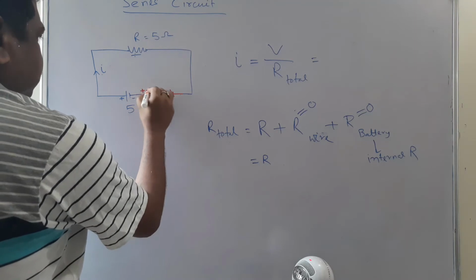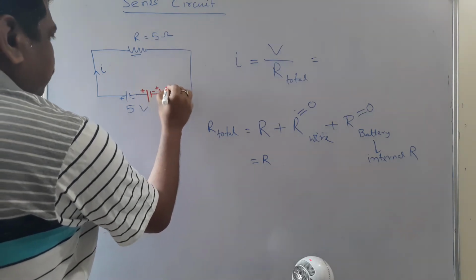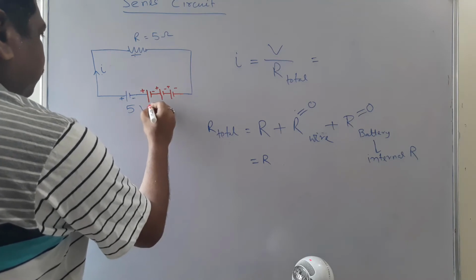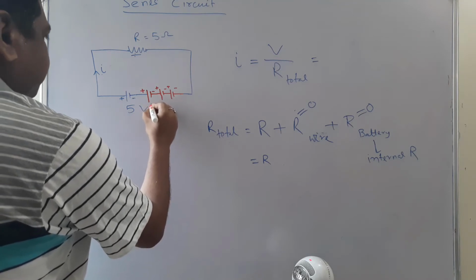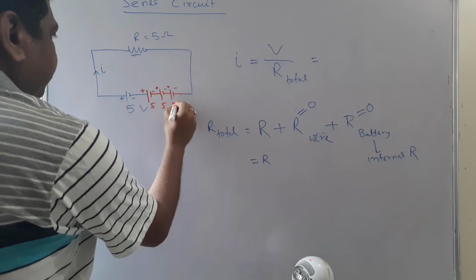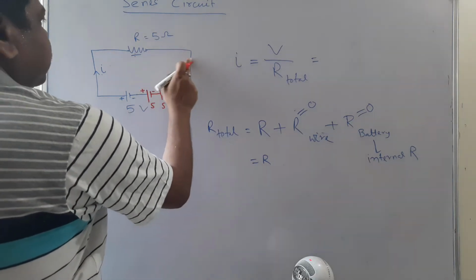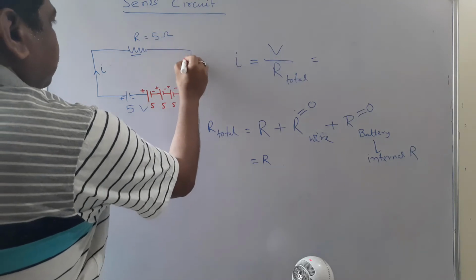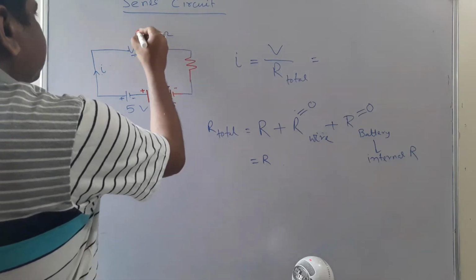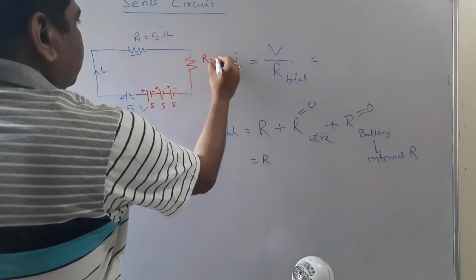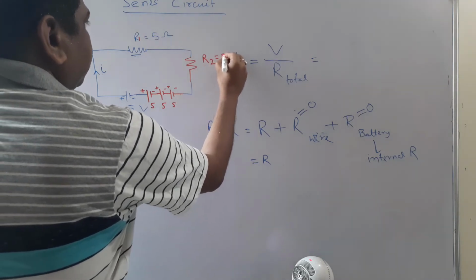This is plus, this is minus. So 3 more batteries we have added. This is also 5 volt, 5 volt and 5 volt, and we have added here another resistance. Let's say this is R1 and this is R2 equal to 5 ohm.